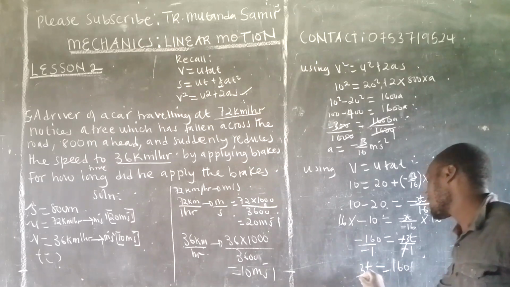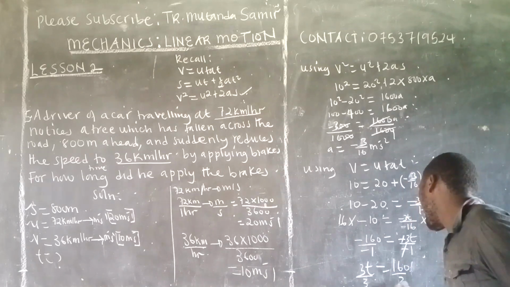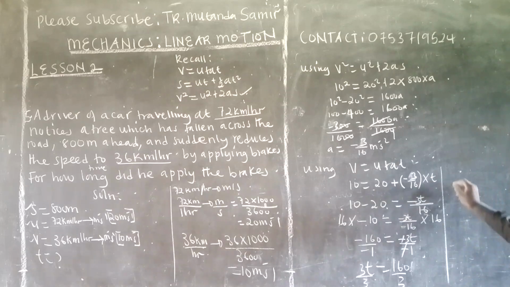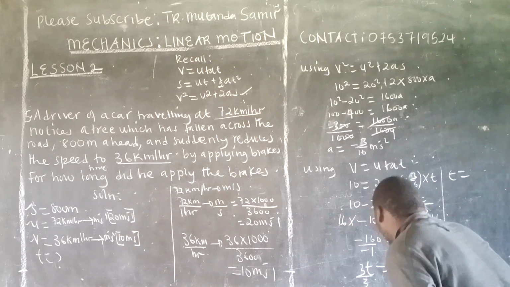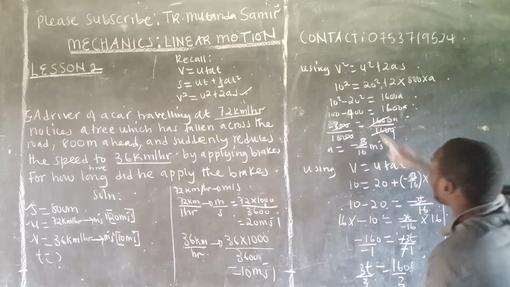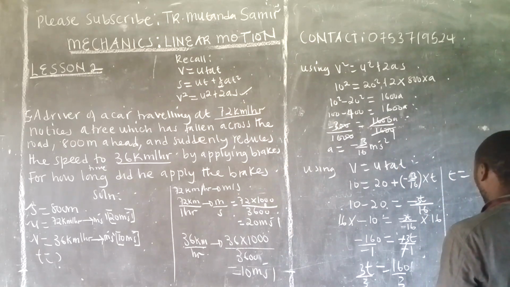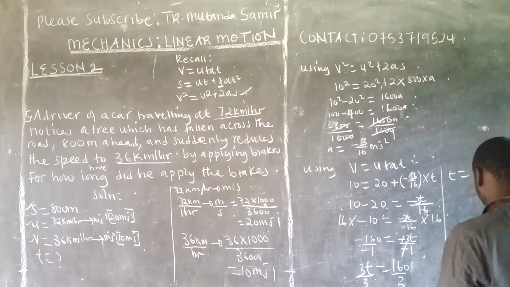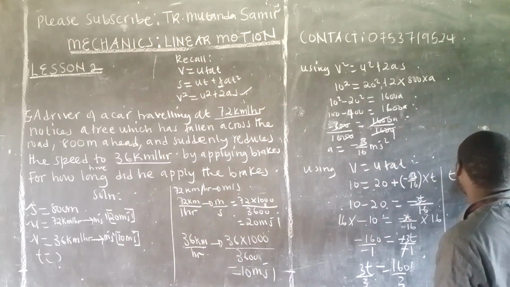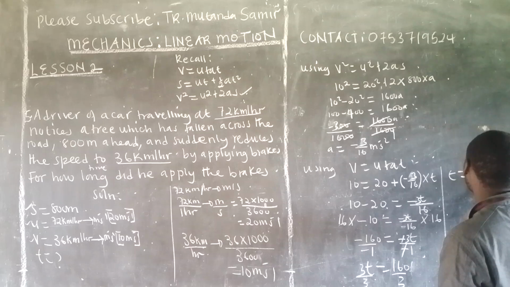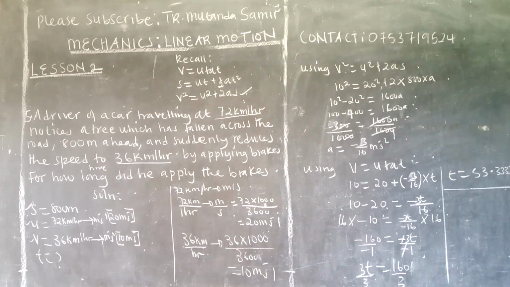So therefore divide by 3. Now that will give us that T will be equal to, you now get to calculate and divide. Sorry for that. Here we had not squared well, so this one will be 160 divided by 3. Then this one is 53.33 to two decimal places. 53.33 seconds. As simple as that.